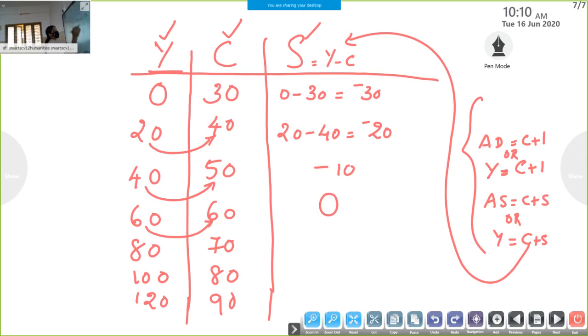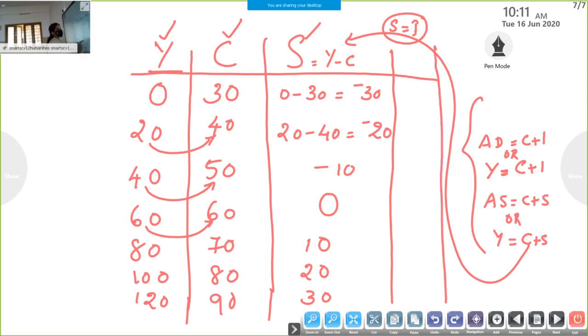Next ones are positive: 80 minus 70, 10. 100 minus 80, 20. Then 120 minus 90, 30. Right? So we got saving. So what we need, saving is equal to investment. The SI approach we are doing. So one more column we need, that is I.